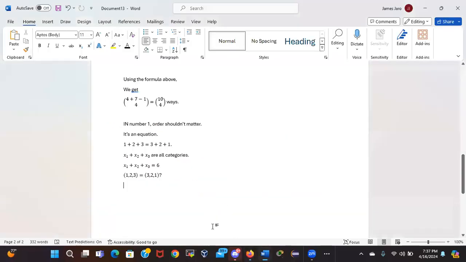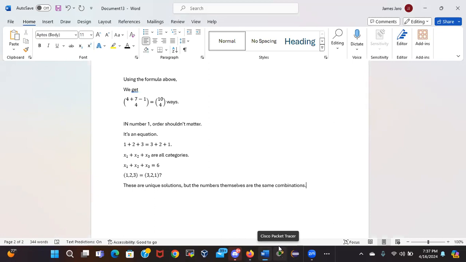So I guess these are unique solutions, but the numbers themselves are the same combinations.